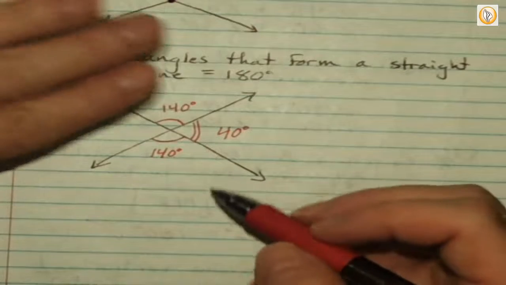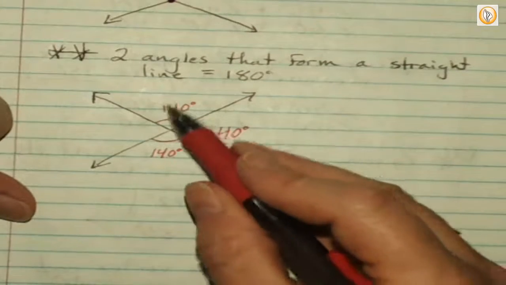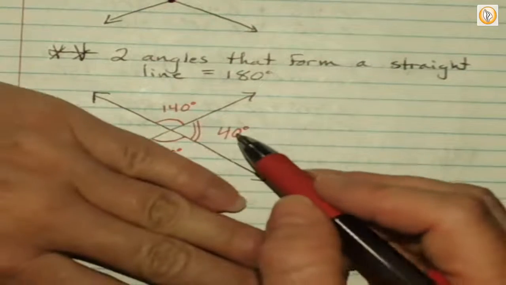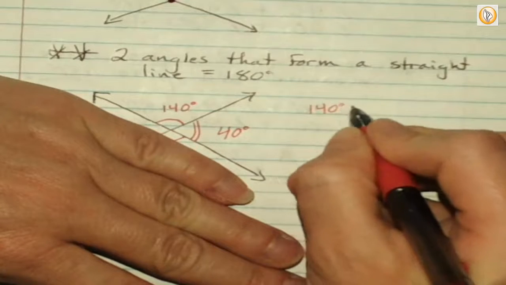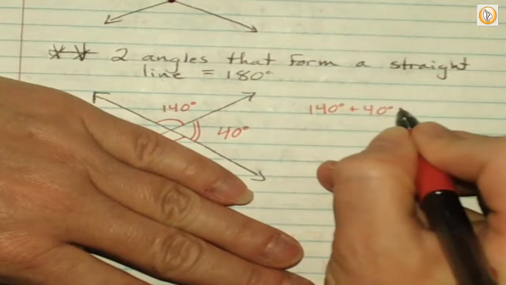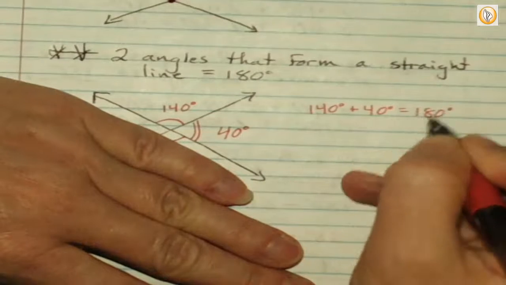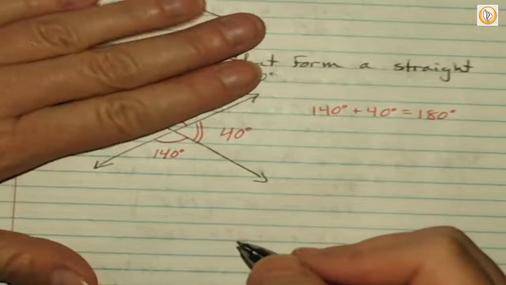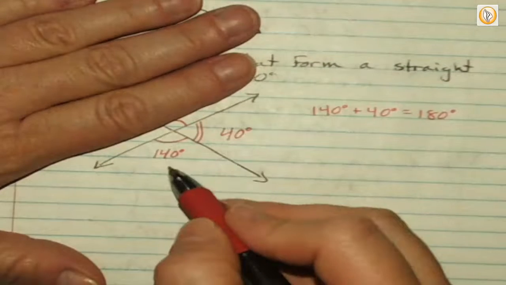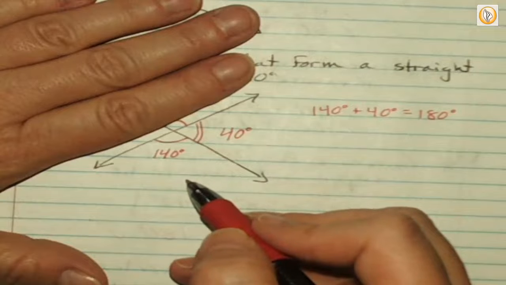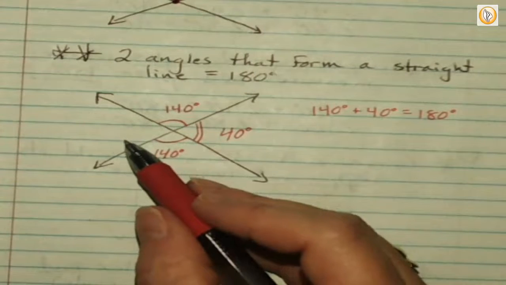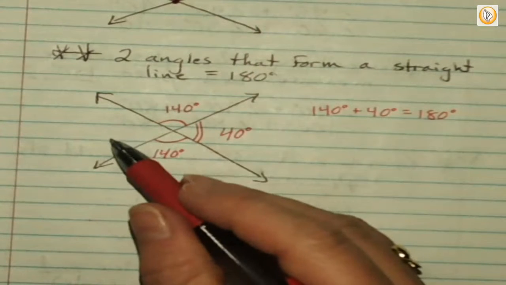Now, if you didn't know that, okay, so we had this. We know that this one's 40 because together 140 plus 40 equals 180. Then if I had this covered up, this angle and this one have to equal 180. Now, Joanne, what would this one be? 40.